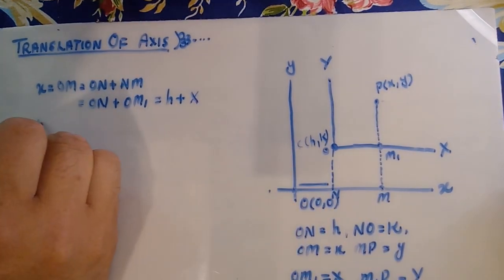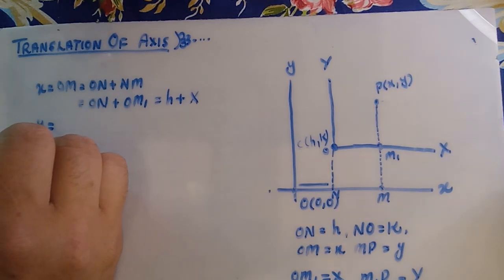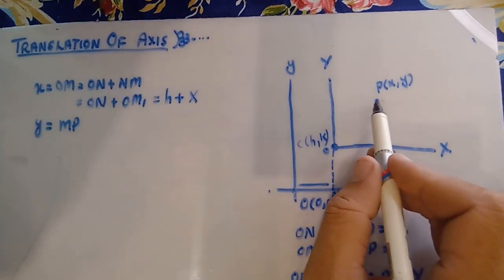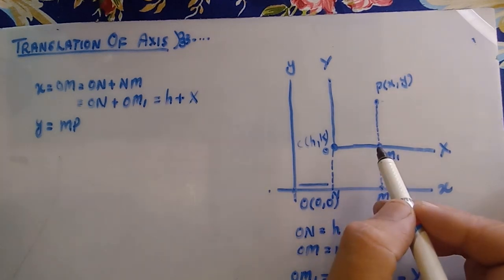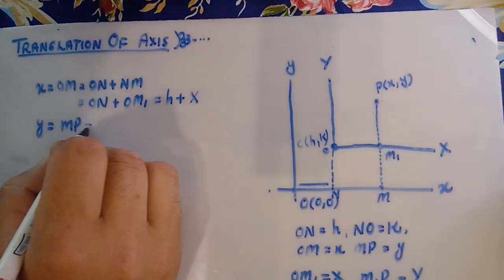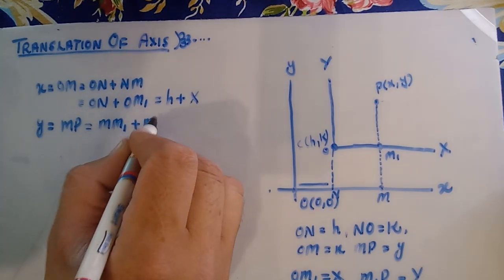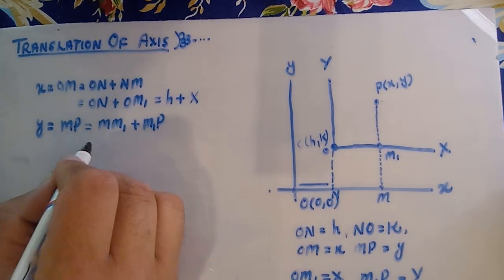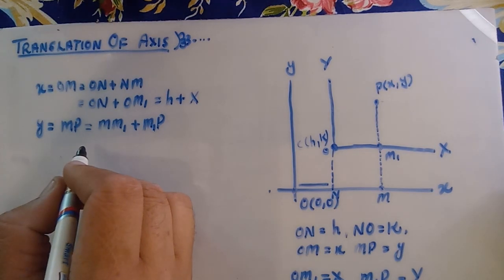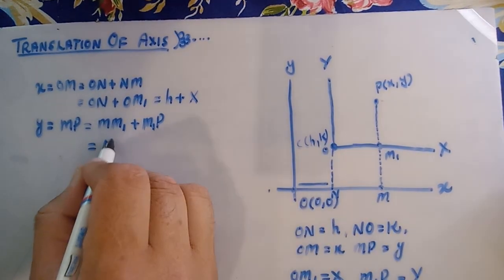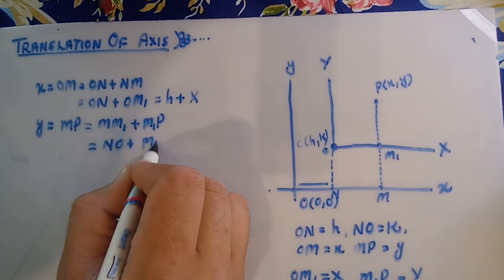Now y will be equal to MP, which is MM1 plus M1P. And MM1 is equal to NO', plus M1P.